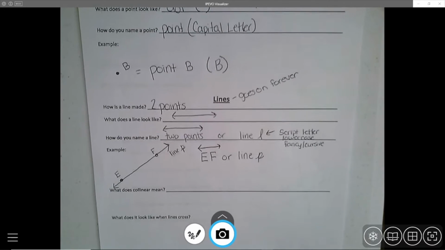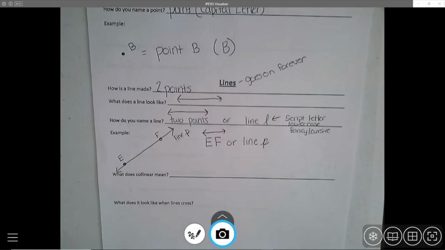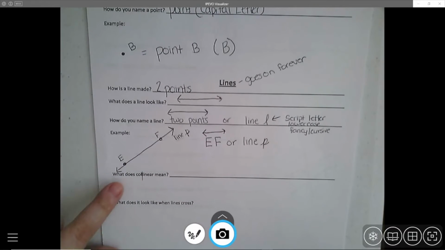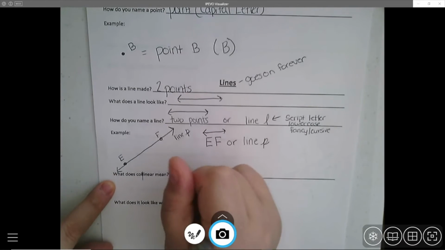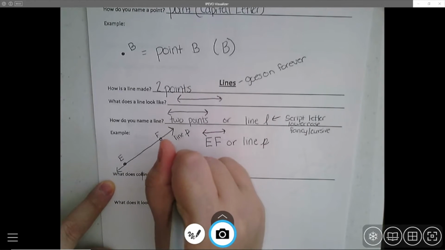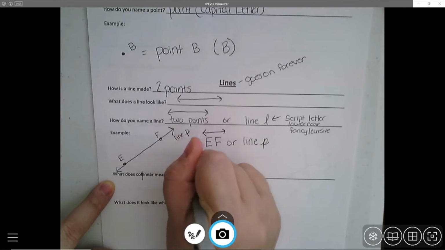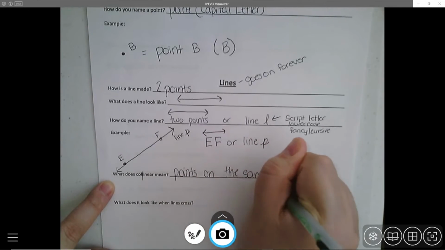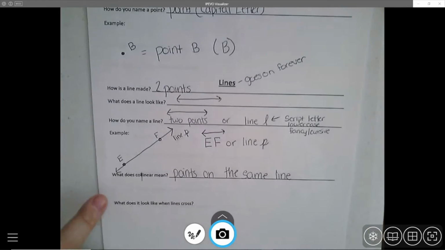Okay, so now, what does collinear mean? It has the word linear, which means line. So really this is points on the same line.